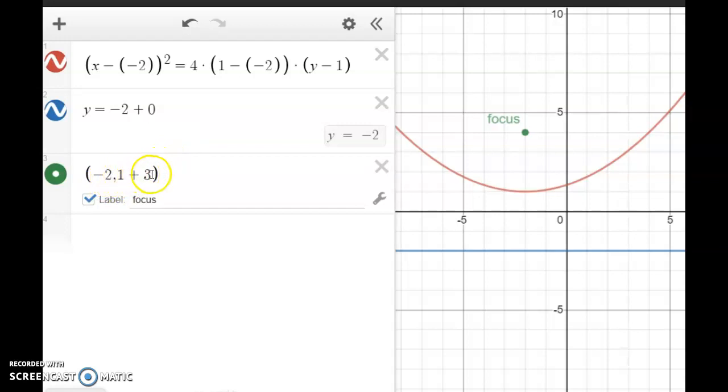For the focus, it's 1 plus 3, that 1 plus the 3 right here, and that gets me the focus with the original -2 right here. And again, if I go over to the other one, I have to remember which numbers these are. So I have a -2, and I have a 1, and I have a 3.